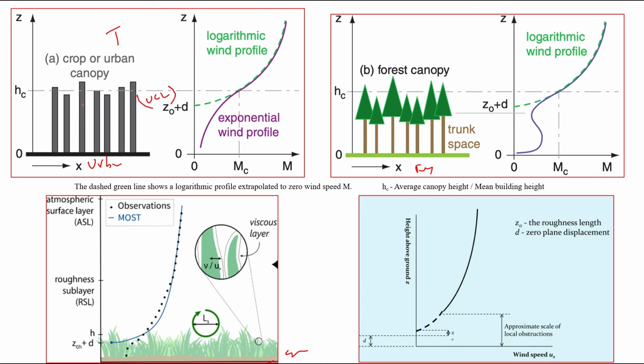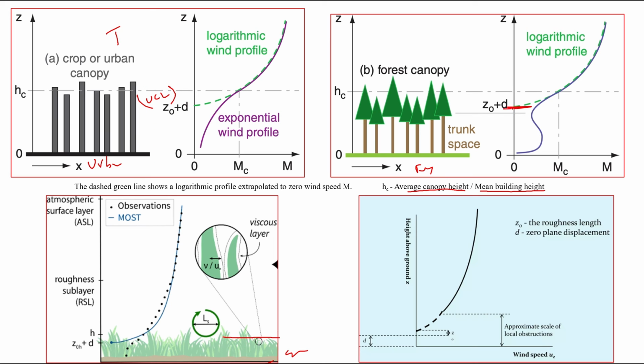The urban canopy height is the average height of the buildings, the average canopy height or mean building height. The same applies to a forest, where instead of buildings we take the mean forest height, or for grassland the mean grass height. That is called the canopy layer.